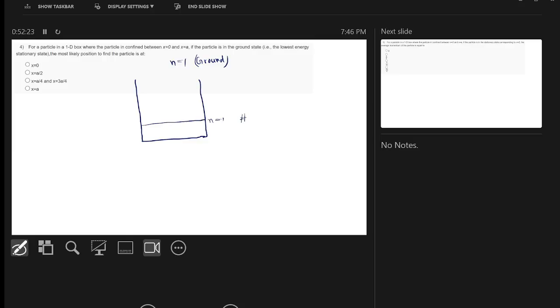So number of nodes is n minus 1, so it will be 1 minus 1 equal to 0. No node. So you can plot like this. So you have maxima here in the middle. So what is this value? Nothing but a by 2.